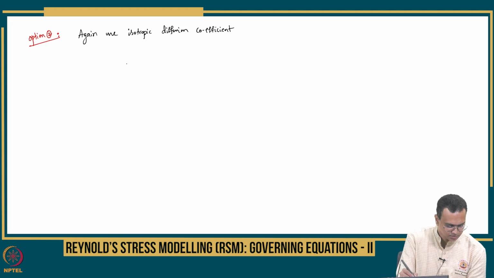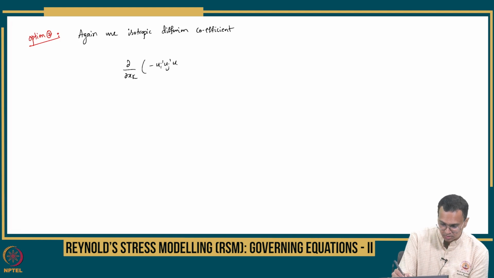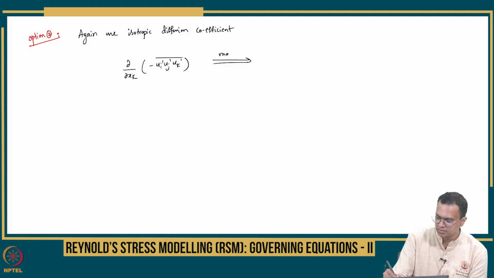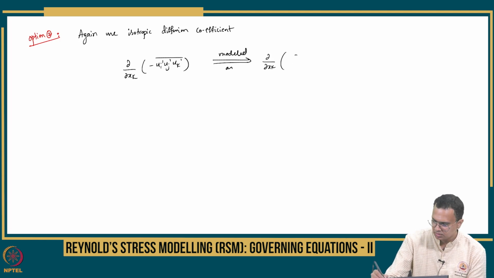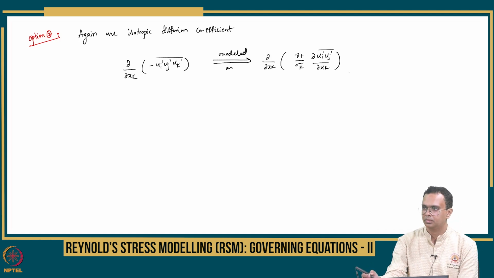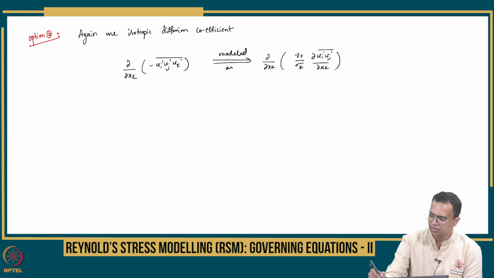That means the model is dou by dou xk of minus ui prime uj prime uk prime. This is now modeled as dou by dou xk of mu t by sigma k, dou ui prime uj prime by dou xk. Numerically stable, but we have introduced an isotropic diffusion coefficient.